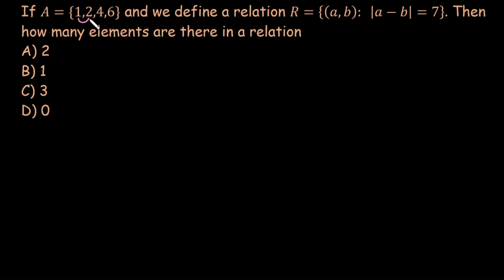Is the difference of 1 and 2 equal to 7? No. What about 1 and 4? No. 1 and 6? No. 2 and 6? No. 2 and 4? No. 4 and 6? No. So there exists no pair such that their difference is equal to 7. It means the answer is D option.